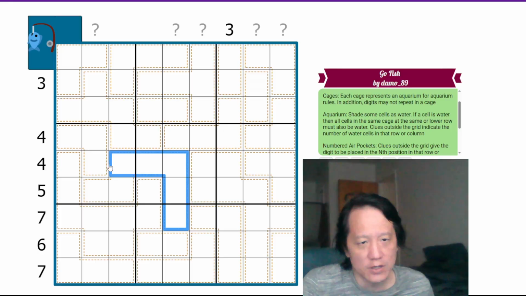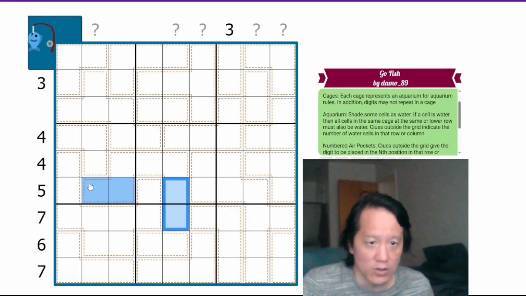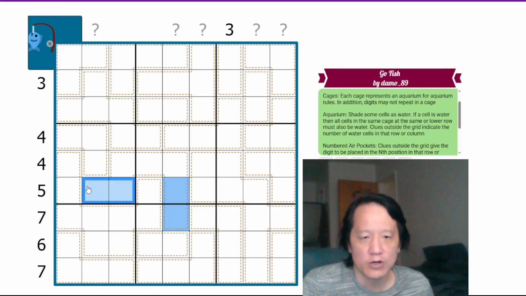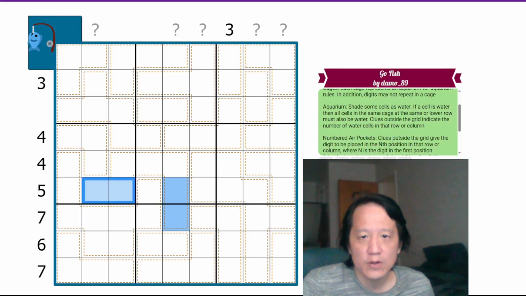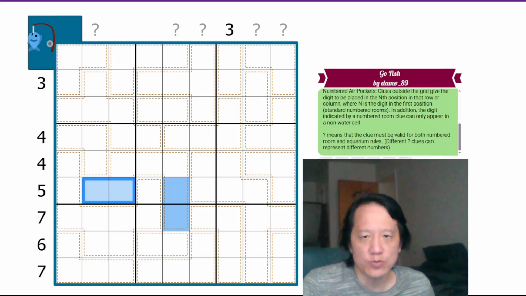Here, we could have water here and water here, but no water here, because these cells would indicate that all other cells in a row below must contain water. So that's how aquariums work.